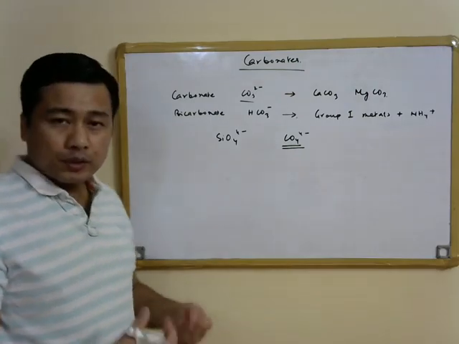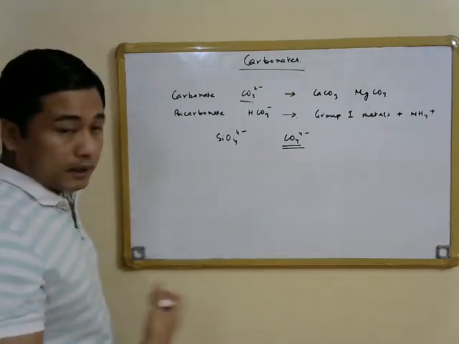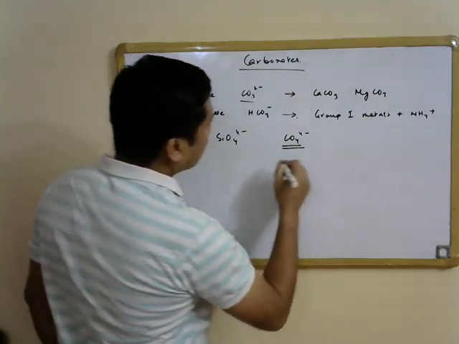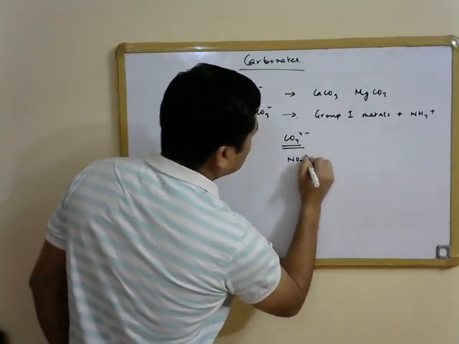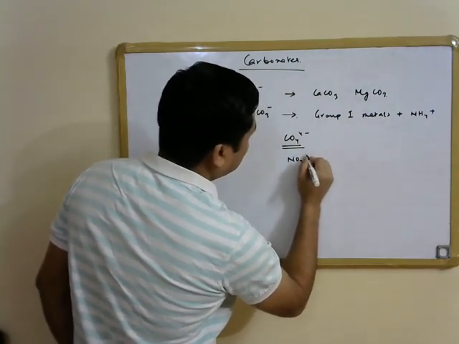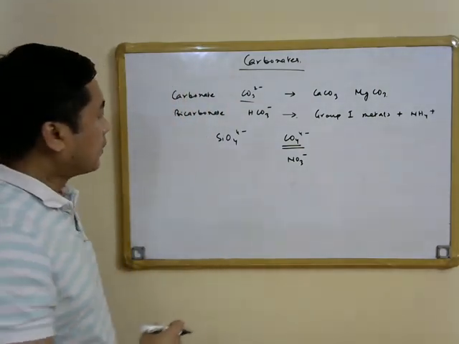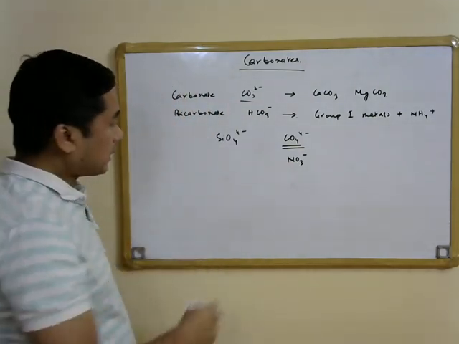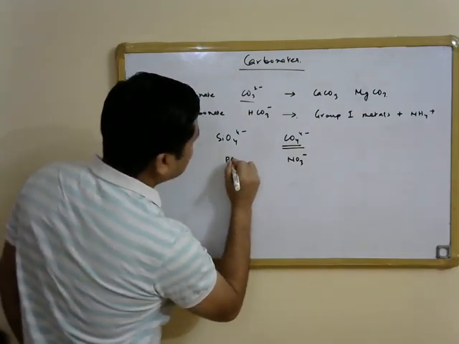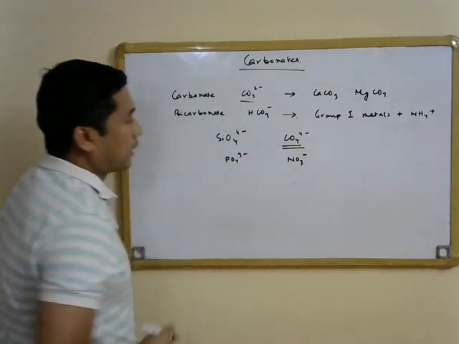Similarly, in the next group, nitrogen forms the nitrate ion, NO3 negative, and its higher congener, phosphorus, forms PO4 3 negative.